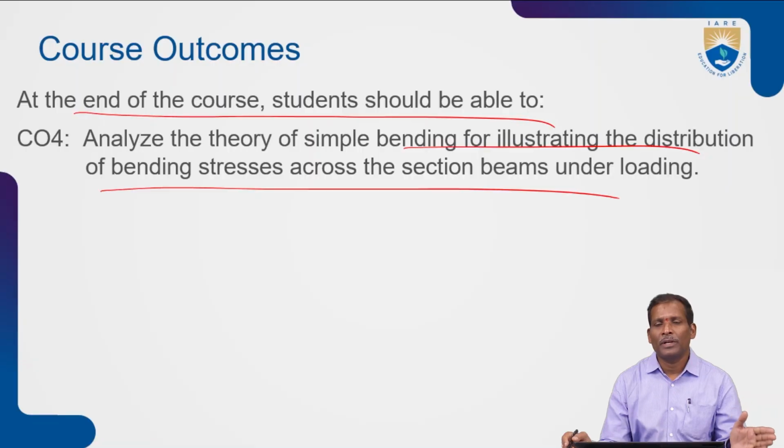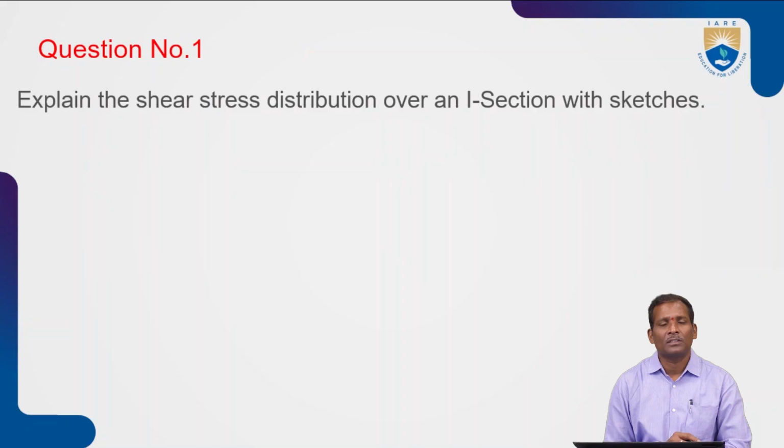The theory of simple bending we have already covered, and the distribution of bending stresses also we have covered in the theory part, across the sections of beams under loading. After completion of this topic, students should be able to analyze all these things. That is the main outcome of this topic.